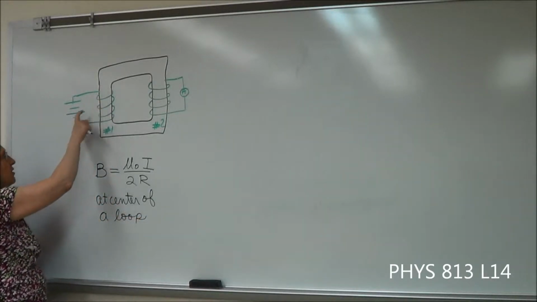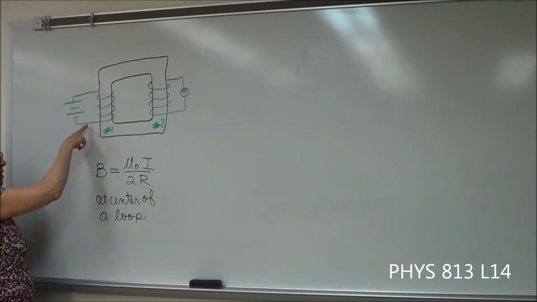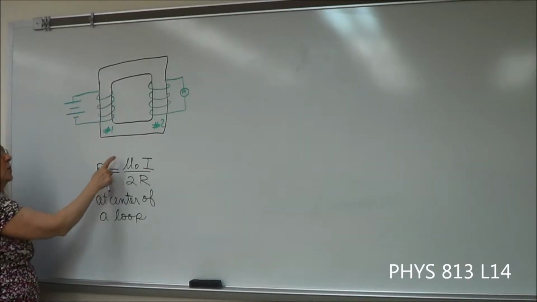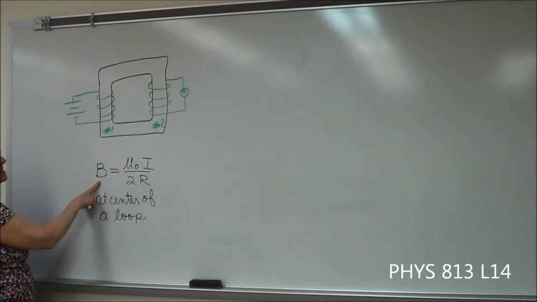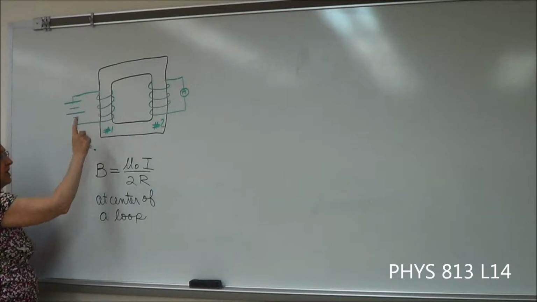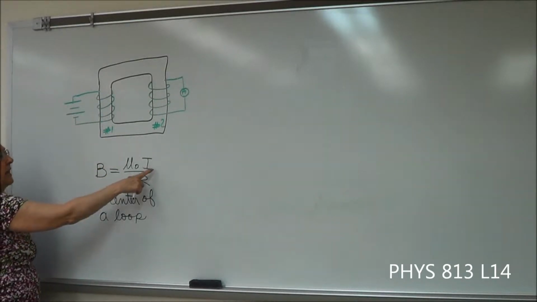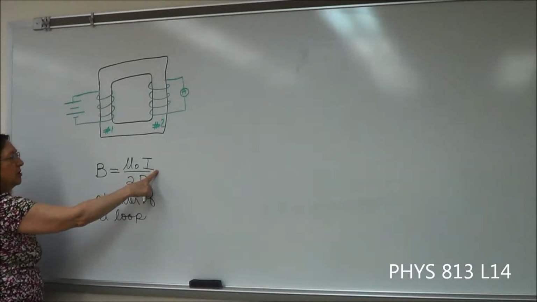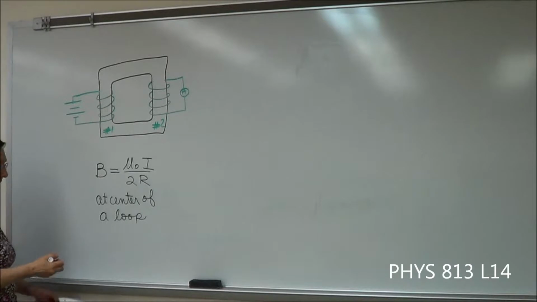So if we have current in this loop, and if there's more than one, then we would multiply by N. We don't really need to worry about that at the moment. The important thing is that there's a magnetic field at the center of this coil, and it is due to the current and also to the size of the coil.